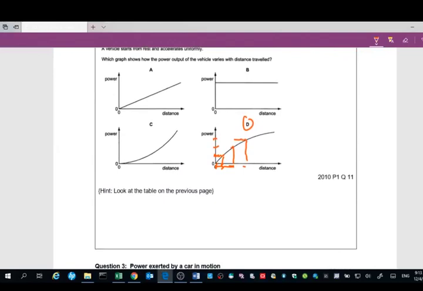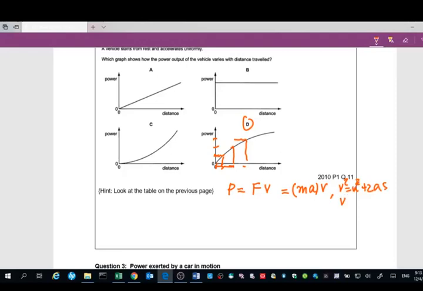So if you want to use the power equation, power is F times V, right? But we also know that this F here can be represented as MA times V, using Newton's second law. And V can be obtained from the kinematic equation V squared is U squared plus 2AS. In this case, S is your distance, and U is 0.